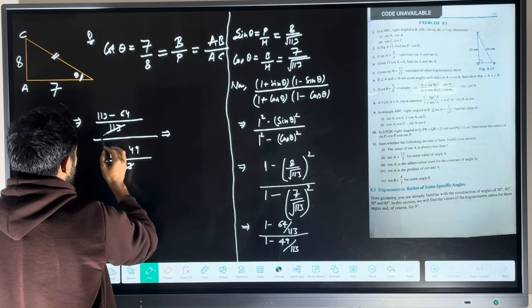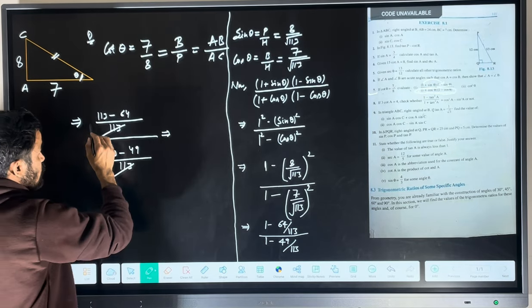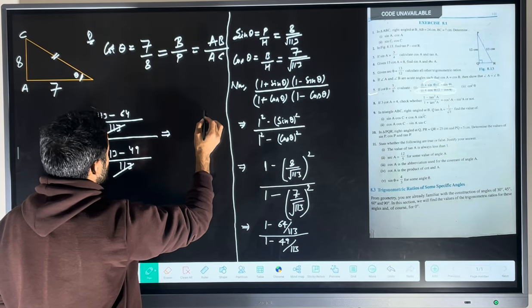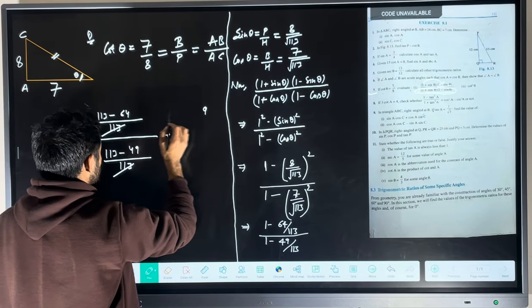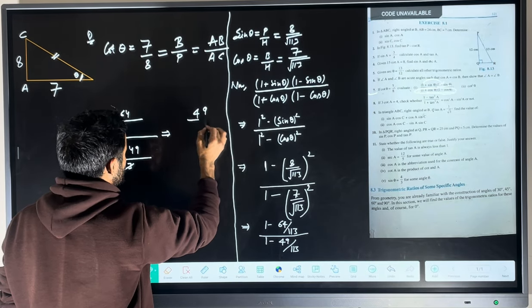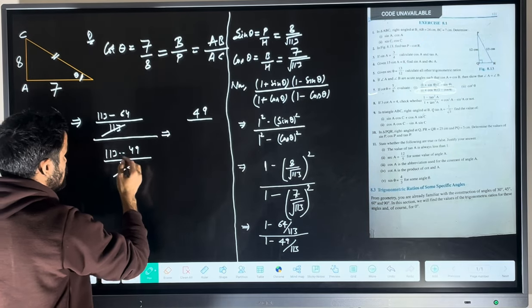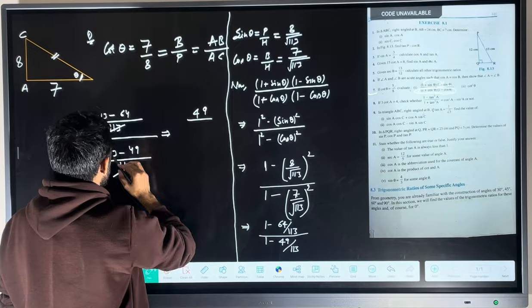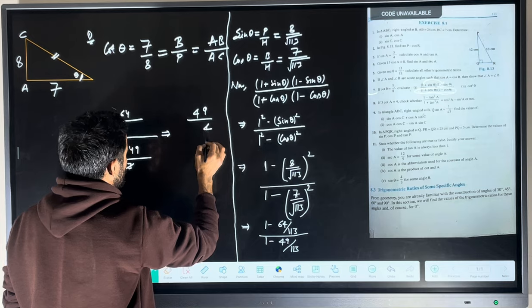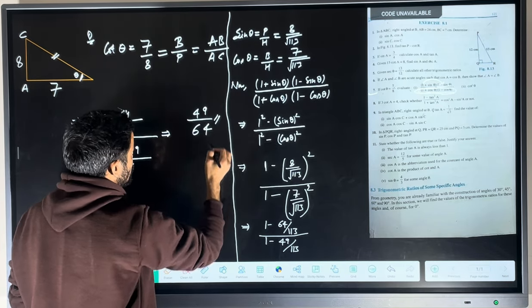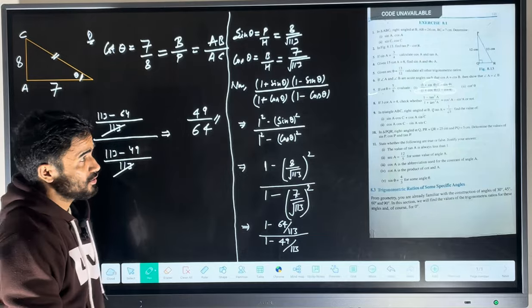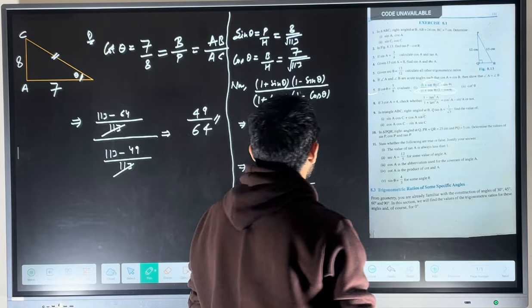So this 113 and 113 will cancel out each other. 113 minus 64 is 49, and 113 minus 49 is 64. So the answer will be 49 upon 64.